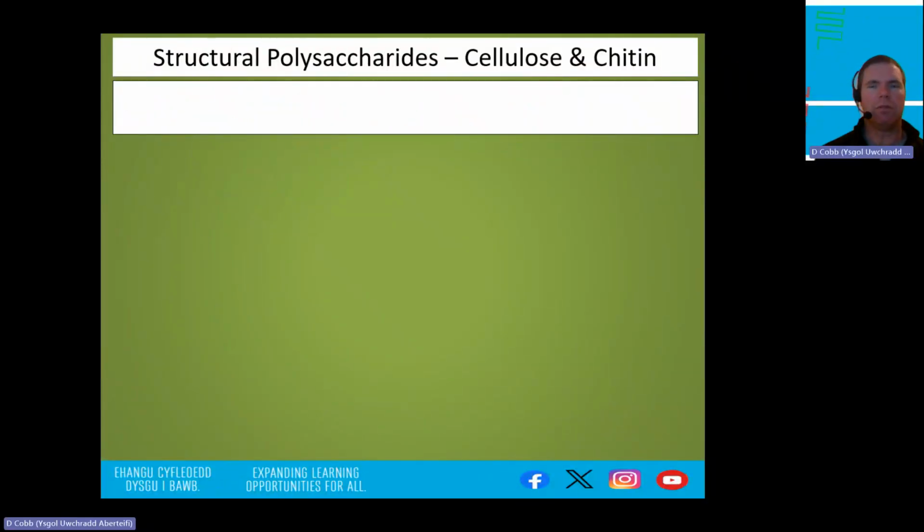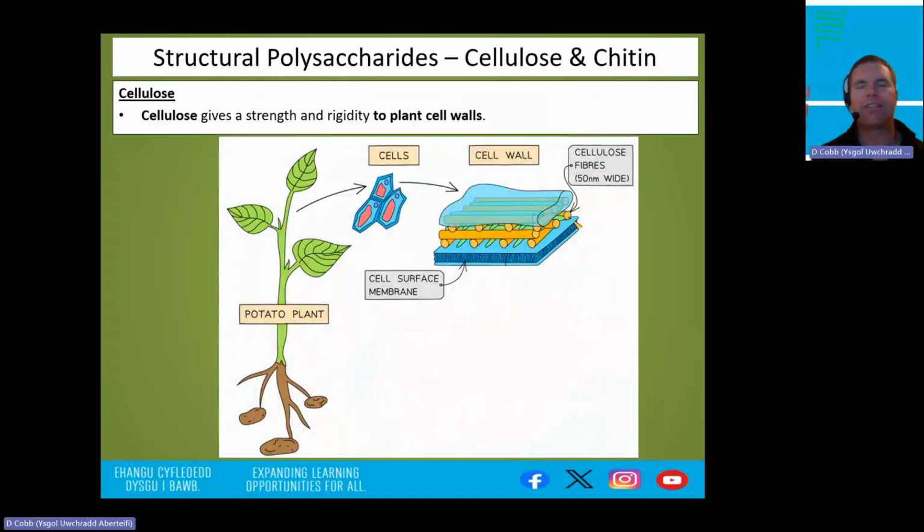What about cellulose? Cellulose is a structural polysaccharide. Something we'll know from GCSE is that the job of cellulose is to give strength, support and rigidity to plant cell walls. We don't do any more than that. We just know that a cell wall is made up of cellulose. That's what we know from GCSE, but we don't want to look into any more detail.